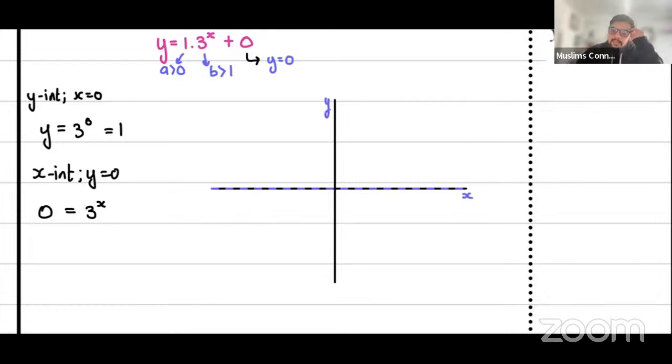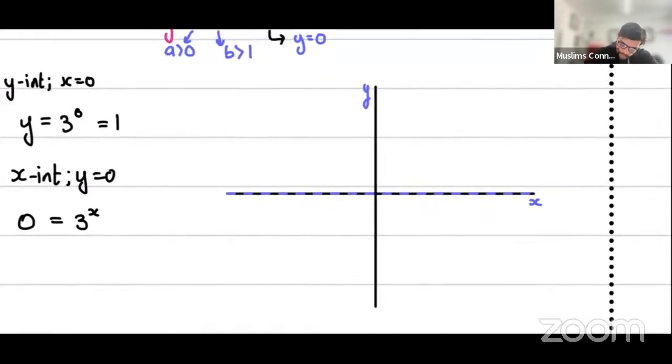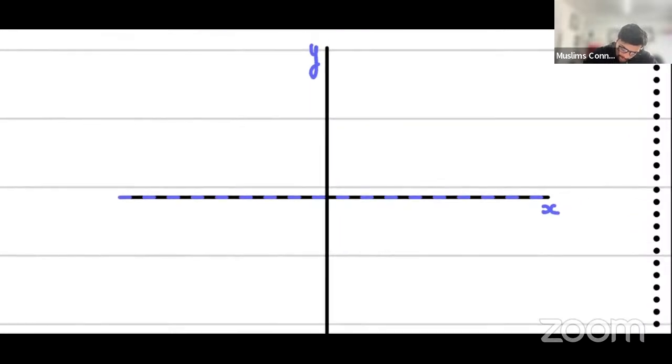Because the x-axis is an asymptote. It can't touch the x-axis. So we know that at y is equal to 1, we have an intercept there.